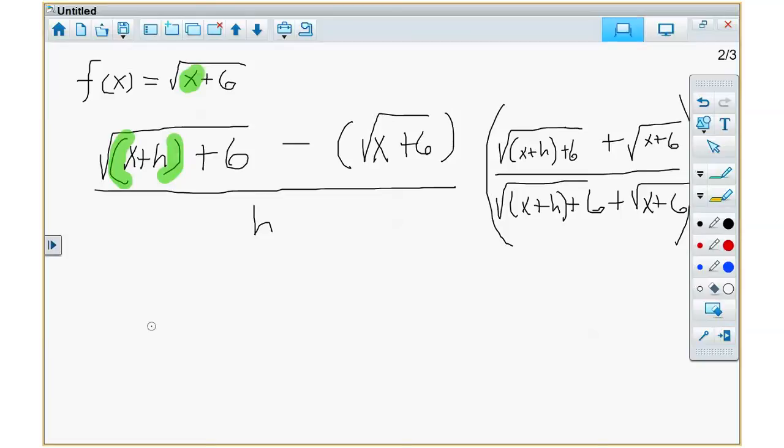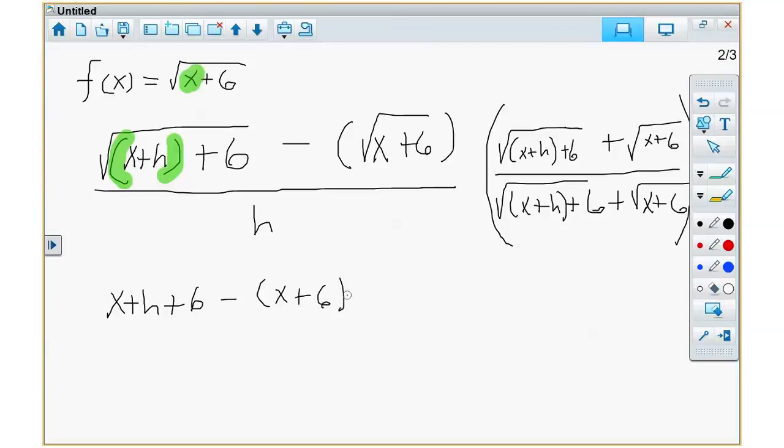radicals. So if you multiply this times this, that's going to give you x plus h plus 6 minus parentheses x plus 6.